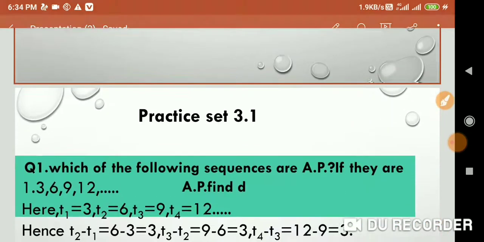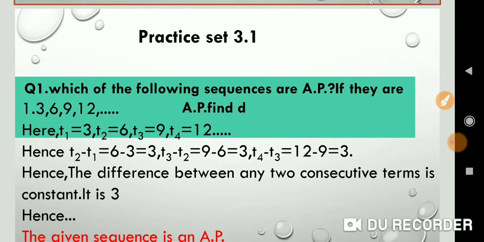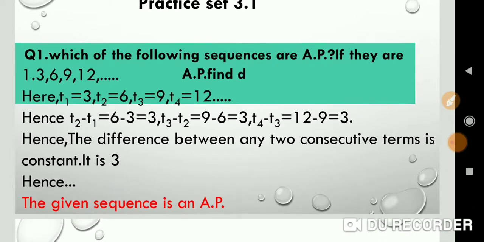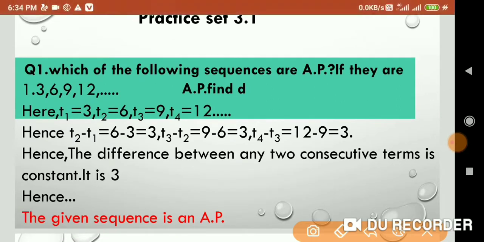Understand, student? Now see the example in practice set 3.1. The question is, which of the following sequences are AP? If they are AP, then find the value of D. And see the first example, 3, 6, 9, 12. Now here we can write the value of T1 is equal to 3, T2 is equal to 6, T3 is equal to 9, and T4 is equal to 12.